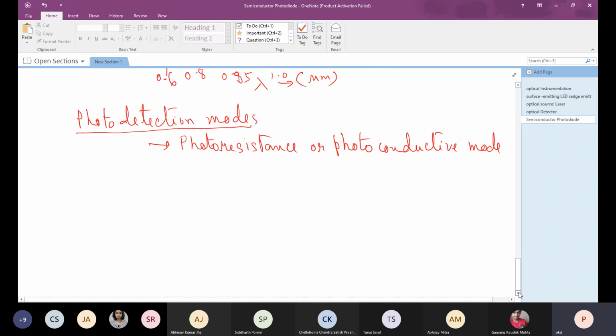But usually photoresistive and photoconductive mode detection is very slow because generally a biasing voltage is not used for photoresistors or photoconductive mode. Though for measuring resistance, some biasing voltage is applied across the photoresistance and another standard resistance put in series.